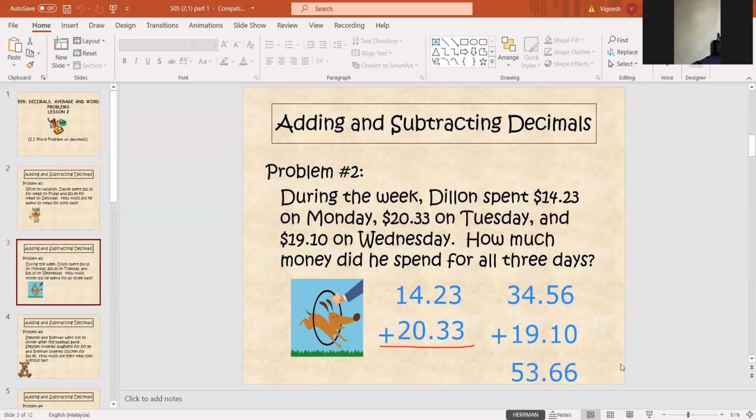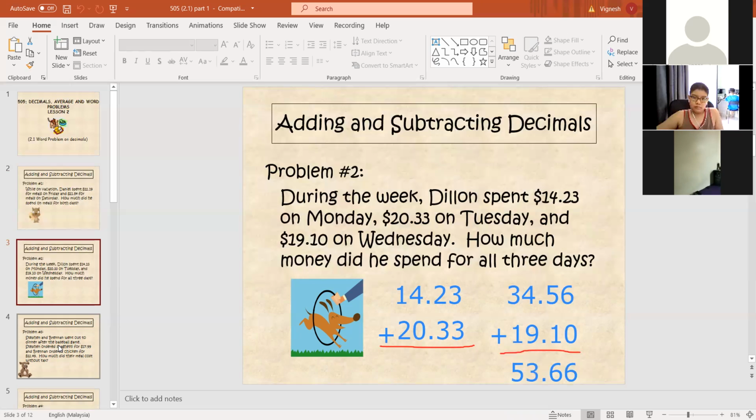I think he was using the eraser, then he accidentally rubbed it. So 53.66, no problem. 53.66, very good. So that's the final answer. Understand or not, class? Understand, teacher? Okay, 53.66. Herman can remove your answer already.